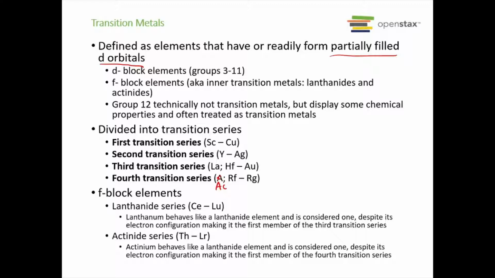Then we have the actinide series, which is thorium through lawrencium, and actinium, kind of similar to lanthanum in that it behaves like an actinide element. So it is technically considered one, but it is also the first member of the fourth transition series.